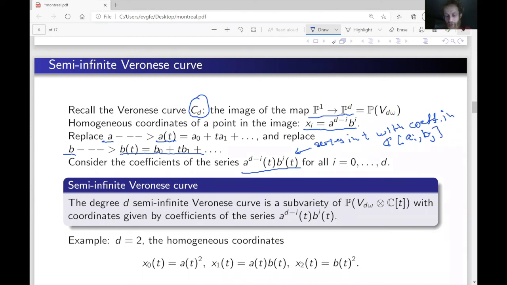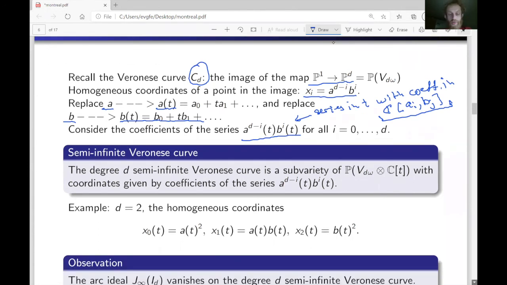We'll see this in an example in a minute, but if we expand, we get series of polynomials in this polynomial ring, and these are actually the polynomials we are going to be interested in. So let us be more precise.